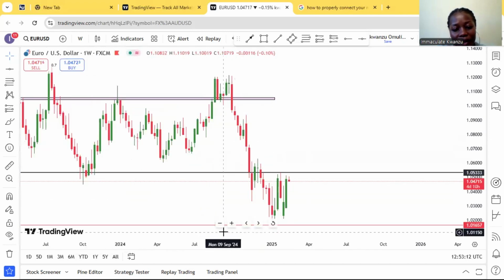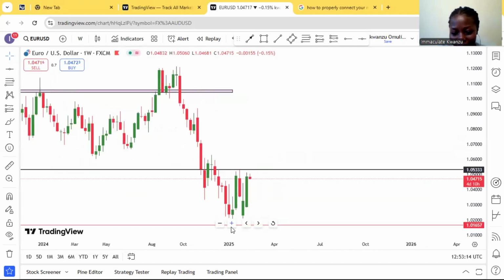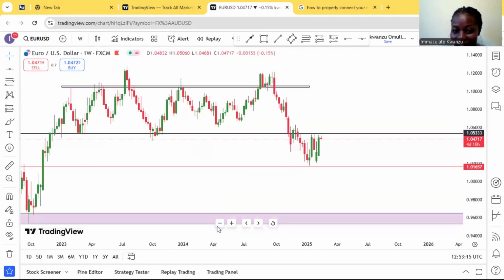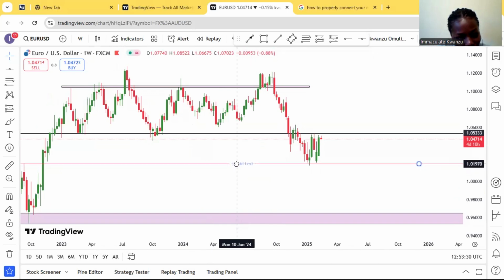Now, the week is where I draw my key levels. Key levels are like traffic lights, the green and the red, the go and stop, cautious about this particular zone or area. Let me adjust this black one a little bit.